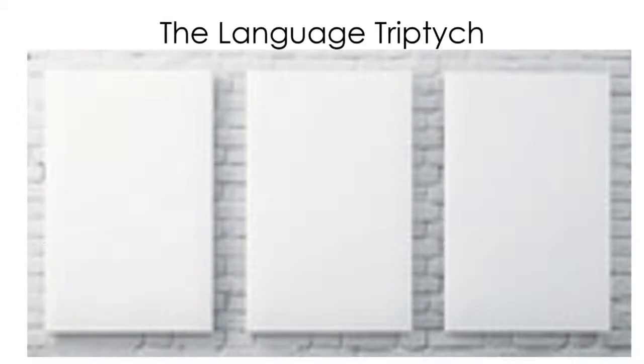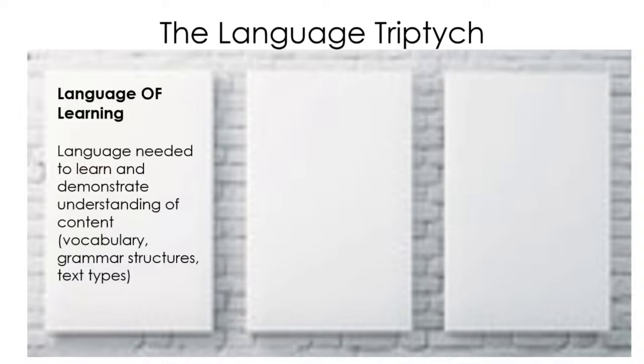I want to tell you what a triptych is. Maybe when you go to a museum, you sometimes see paintings that have 3 parts, 3 panels. So that's actually a triptych. So the idea of the language triptych is that students need the language of learning. This is very straightforward. For most of you, it is the language that they need to learn and demonstrate understanding of the content.